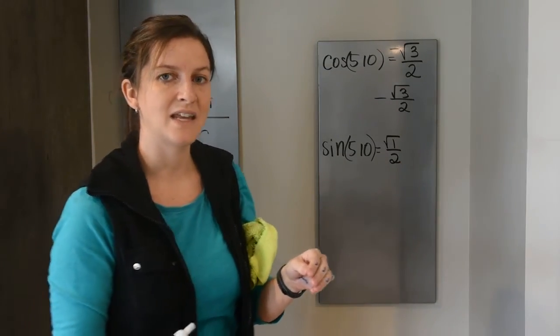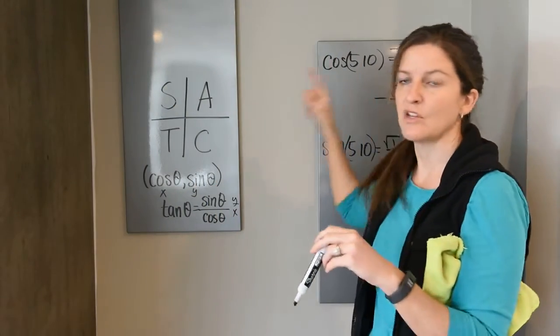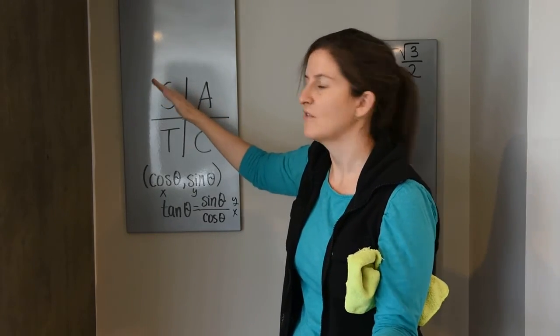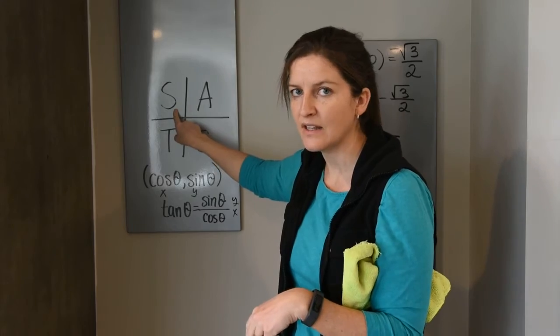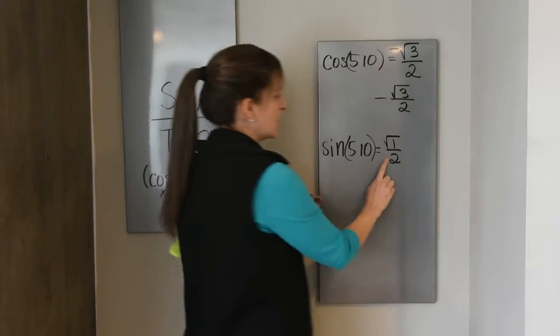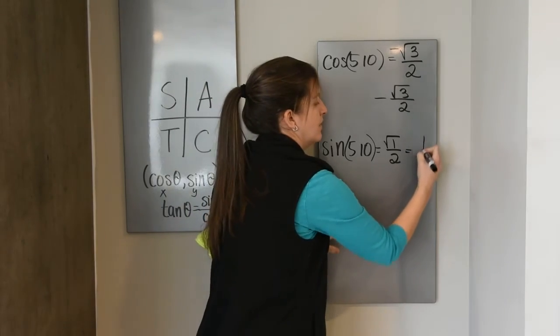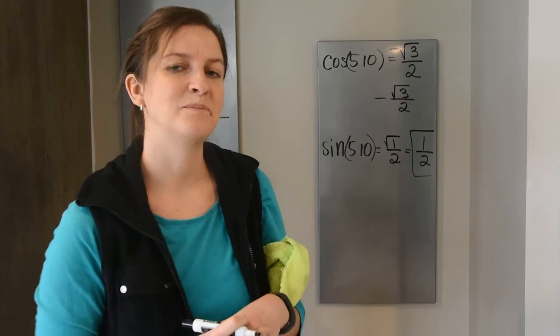Determine if it's positive or negative. The 510 was coterminal to 150, which was in this quadrant. We determined that when we found cosine. So it's in this quadrant. Sine is positive in that quadrant. So I'm going to leave that as positive. 1/2 would be your answer there.